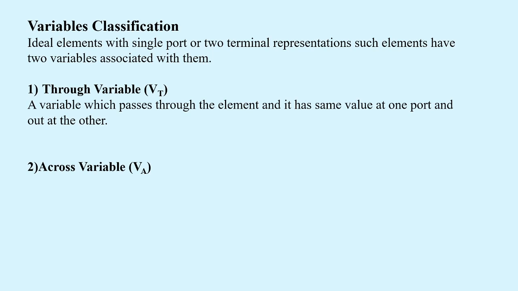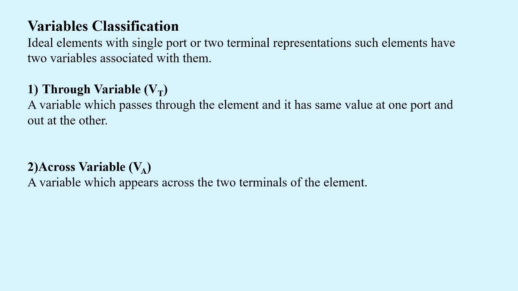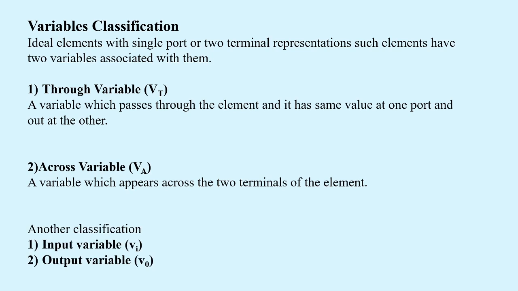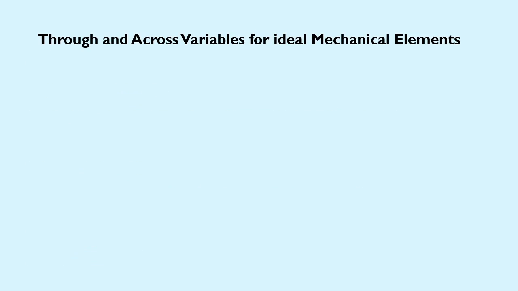Current flowing from one point to the second point is the same. Now the second variable, across variable, is a variable which appears across the two terminals of the element. That means voltage drop across the resistance, across the capacitors, in this way. Now another classification is input variable and output variable.